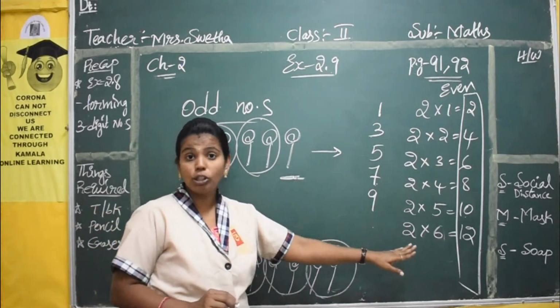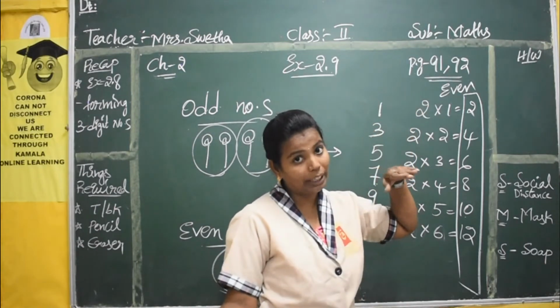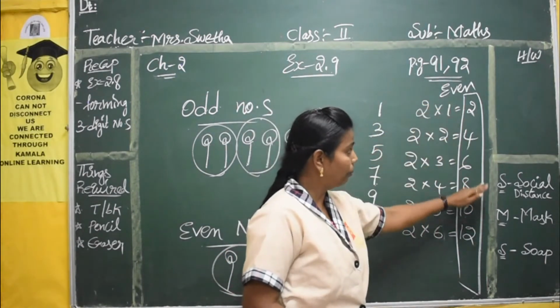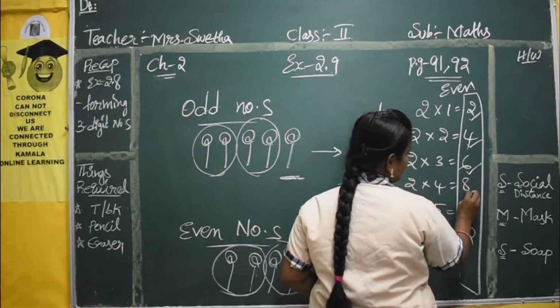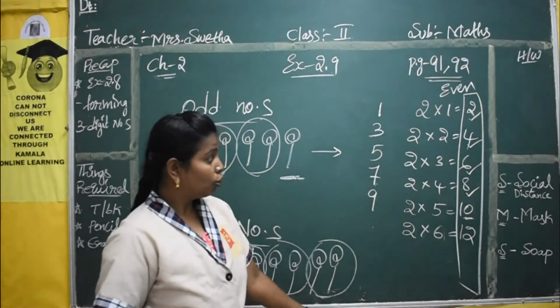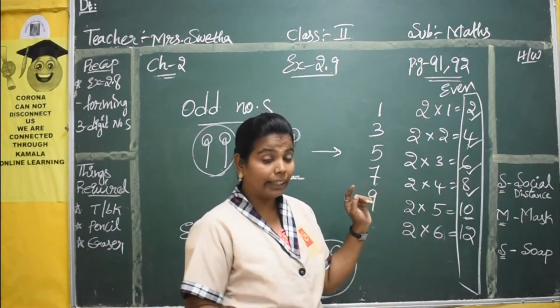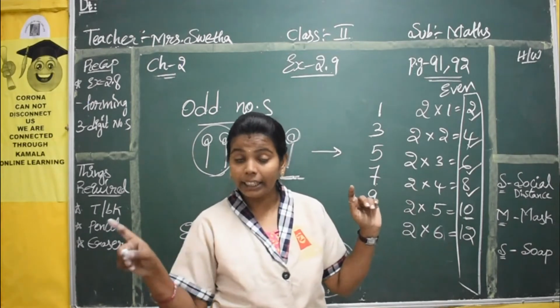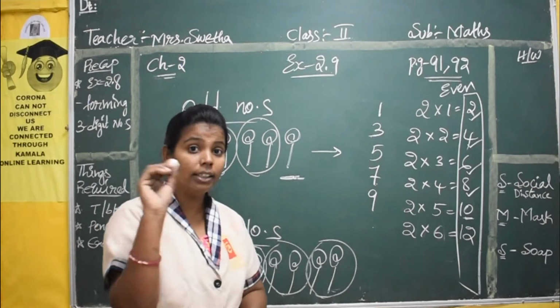So in numbers, how do you have to identify? Everybody knows the 2 table. Yes, so all the numbers like 2, 4, 6, 8, 0. Okay, so which numbers are ending? Here you have to remember the ending number, not the starting number. In ascending and descending order in the previous class, we checked the starting number.